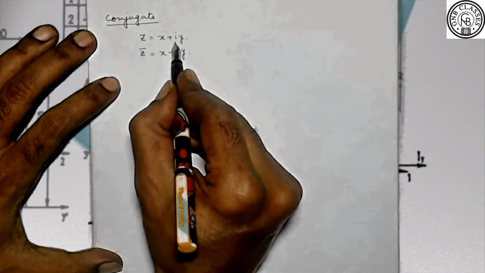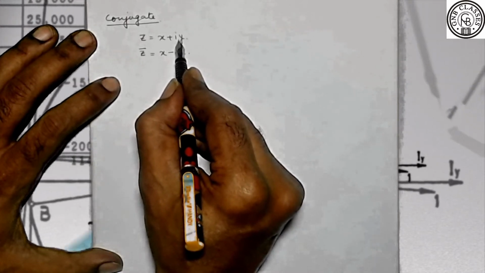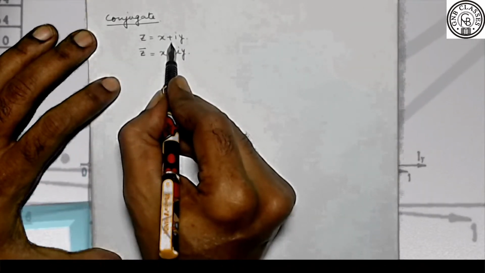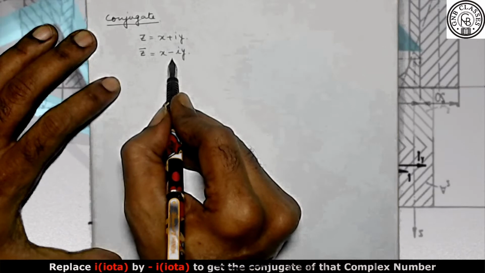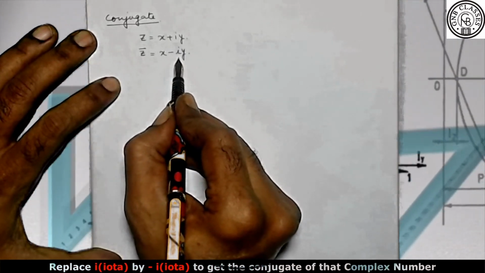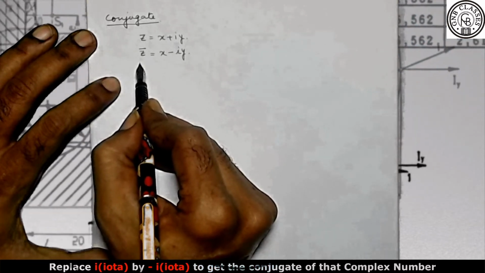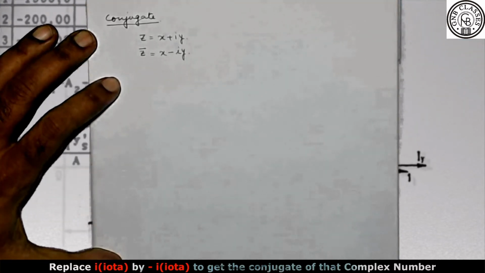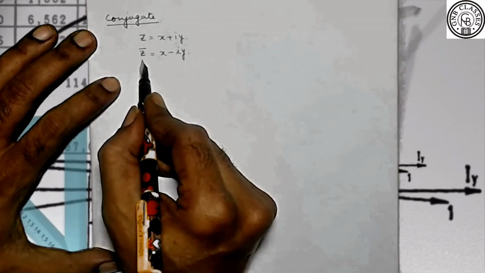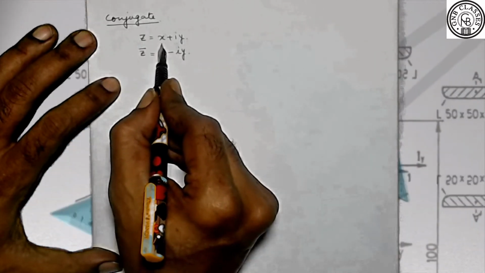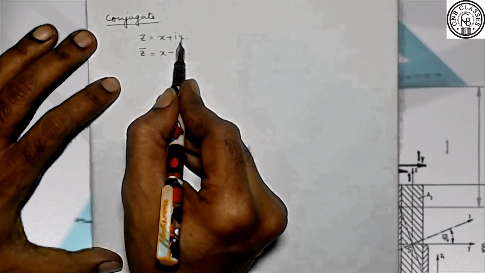That is, when iota is replaced by its opposite sign, if plus sign is given, you will write minus iota. If minus iota is given, you will write plus iota. The complex number will be changed to its conjugate. Is it clear? So, z bar is the conjugate of the complex number x plus iota y, which is x minus iota y.